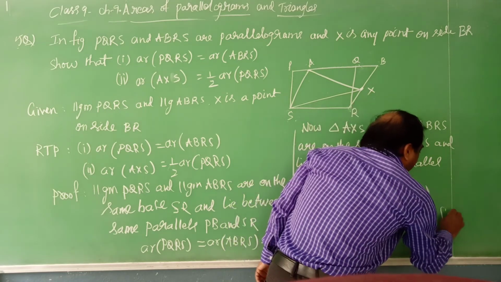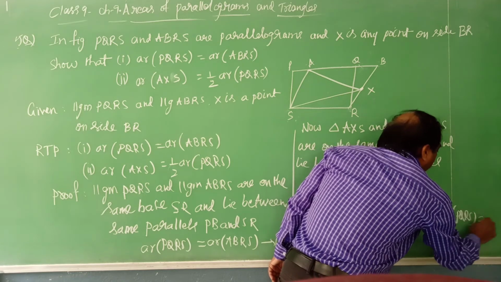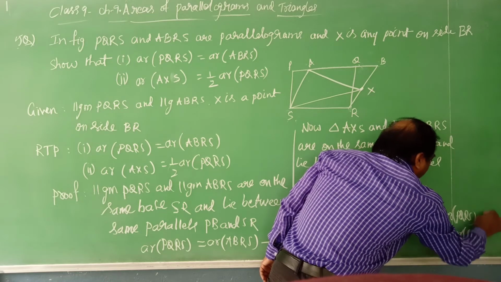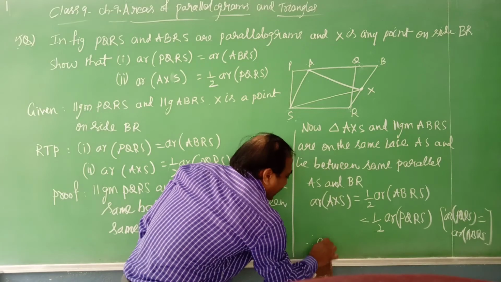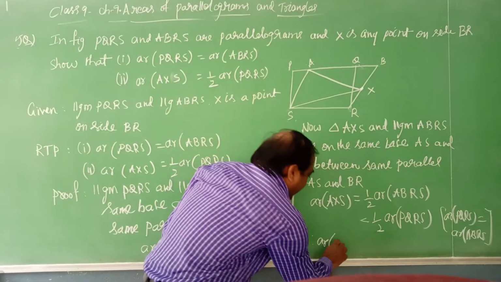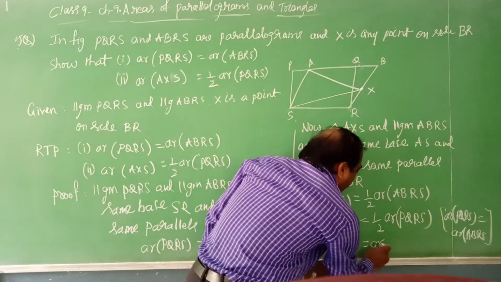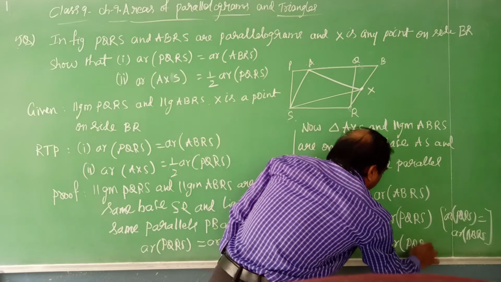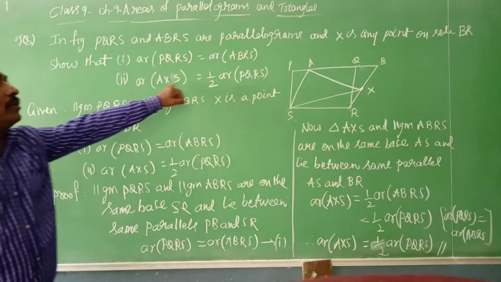Therefore, area of triangle AXS is equal to half of the area of PQRS, which is required in the question.